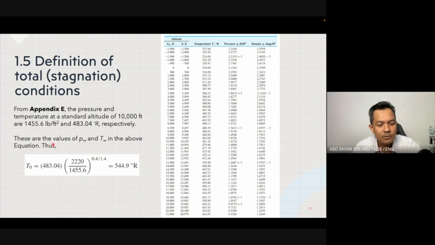These are the values of the free stream pressure and free stream temperature in the previous equation. Putting the values in, you obtain the total temperature T naught, 544.9 degrees Rankine.